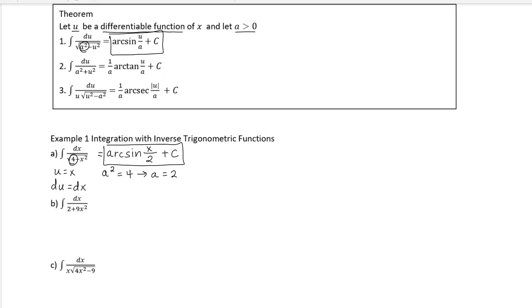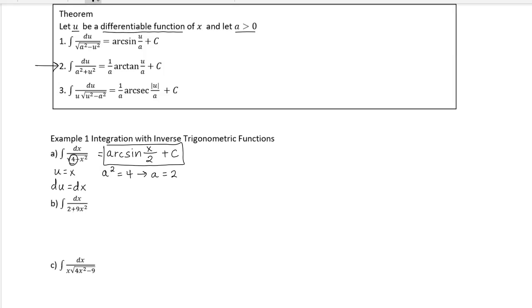For example 1b, now I'm looking for an expression from the theorem where there is no square root in the denominator, so we're going to be looking at part 2. In this case, our u squared is matching up with 9x squared.